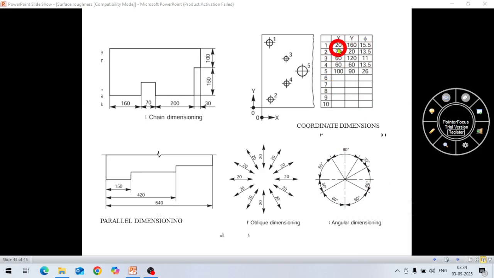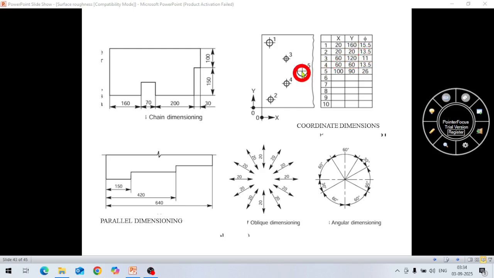Hole number 1, x is 20. In x axis, this distance is 20. And for y axis, it is 160. And diameter is 15.5 dia. So this way, all the coordinates are given. Similarly, for hole number 2, these are 20, 20 and 13.5, the x value, y value and diameter value.